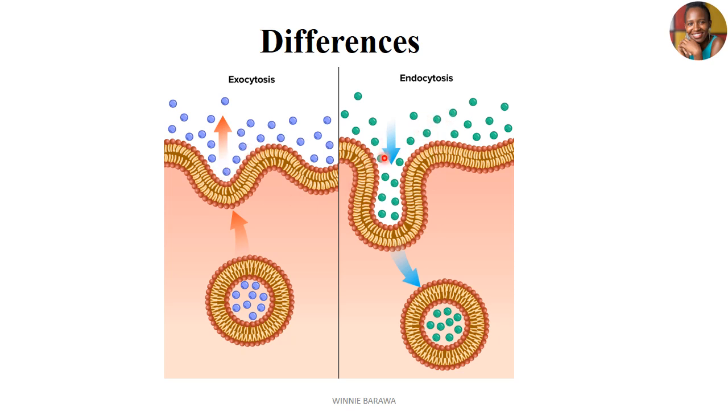In endocytosis, we are picking materials at the cell membrane, pinching off and going inside the cell. In exocytosis, the vacuoles or vesicles move to the cell membrane, attach and empty the products out of the cell. That is the difference between exocytosis and endocytosis. They are all mechanisms of transportation with the purpose of facilitating movement of materials in and out of the cell across the cell membrane.